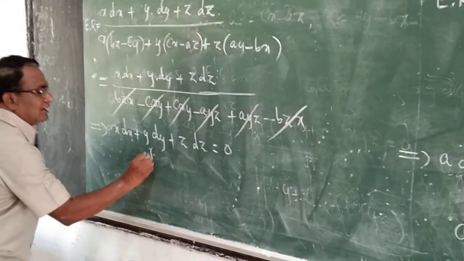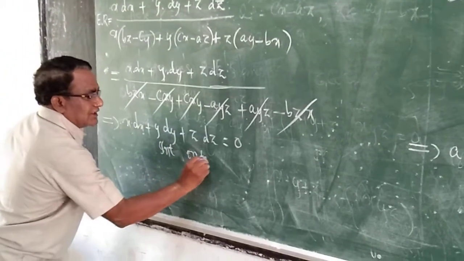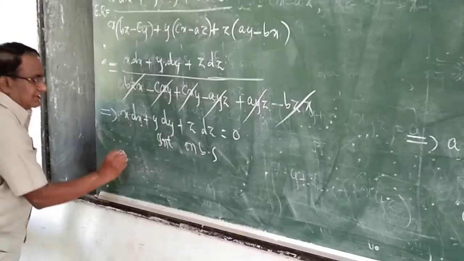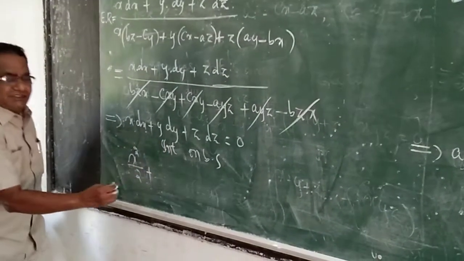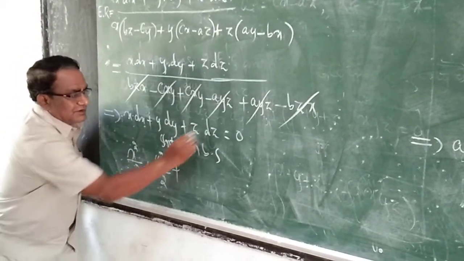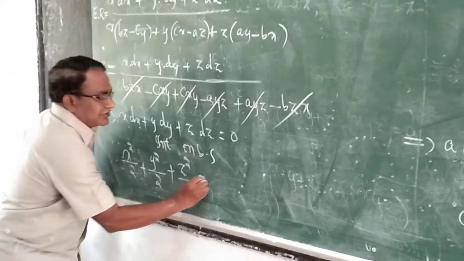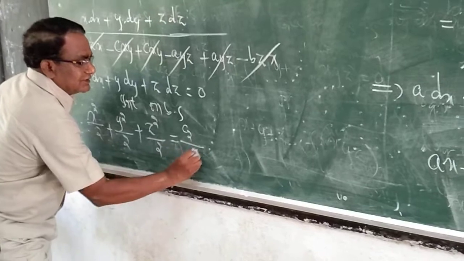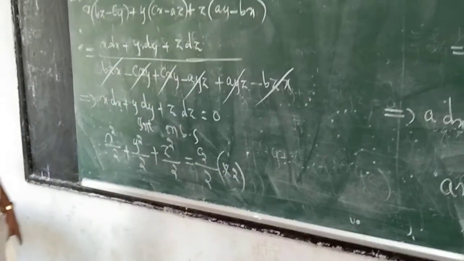Yes, on integration we get integration of x is x squared by 2, integration of y is y squared by 2, plus integration of z is z squared by 2 is equal to, take the constant as c2 by 2, just multiply by 2 throughout.